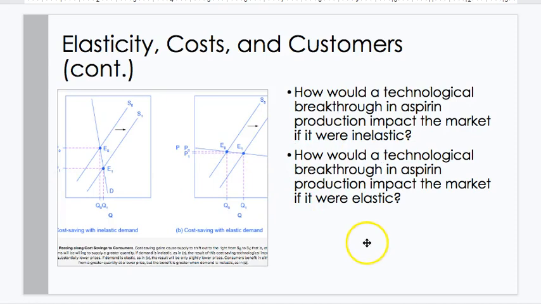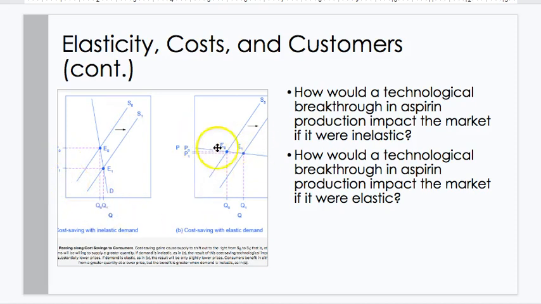Here we see elasticity, cost, and customers continued. How would a technological breakthrough in aspirin production impact the market if demand were inelastic? Here that would be where there's a very steep demand curve. How would it impact the market if demand were elastic? The idea is to take a look at the steep inelastic demand curve and see that if supply shifts to the right, there's not much of an increase in quantity, but a pretty big drop in price.